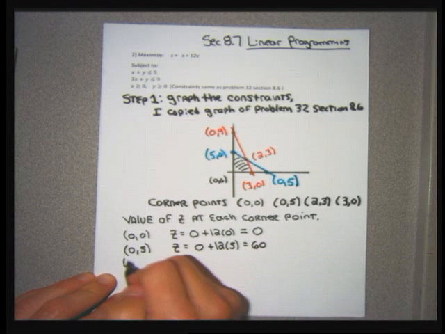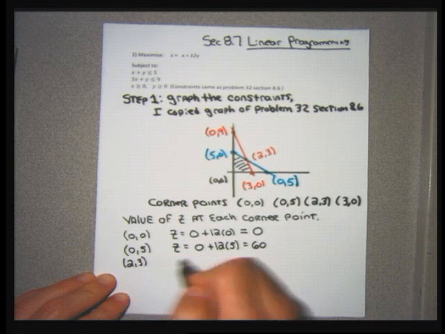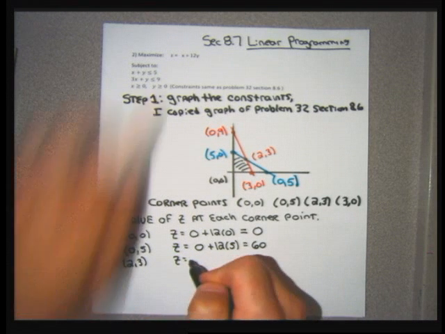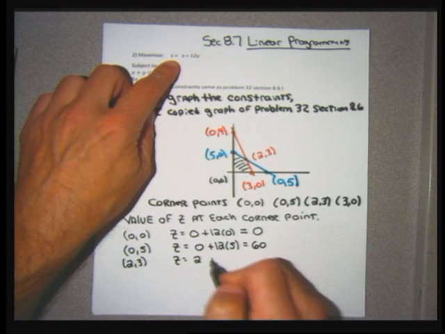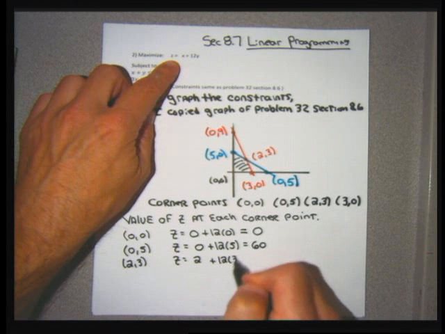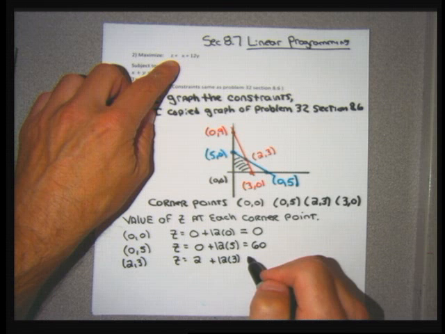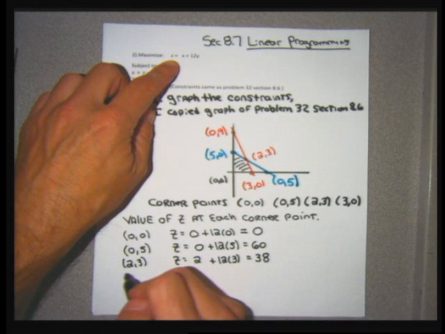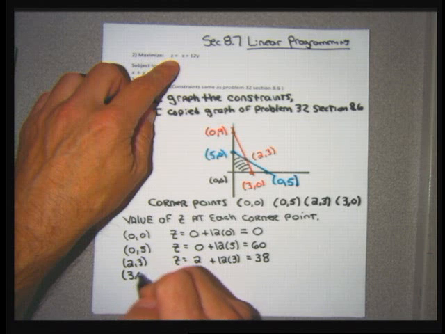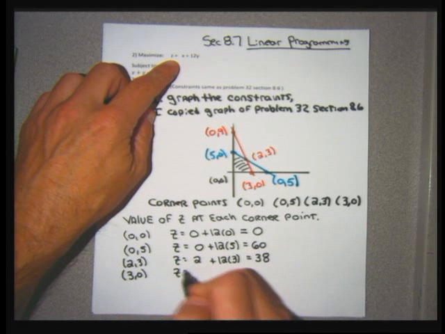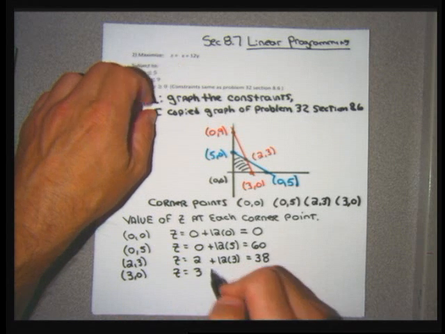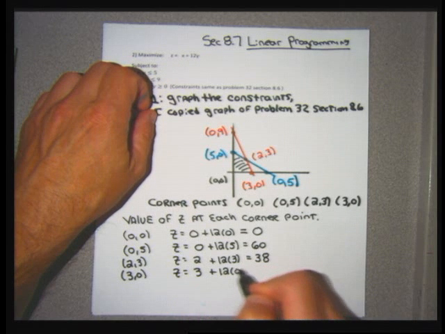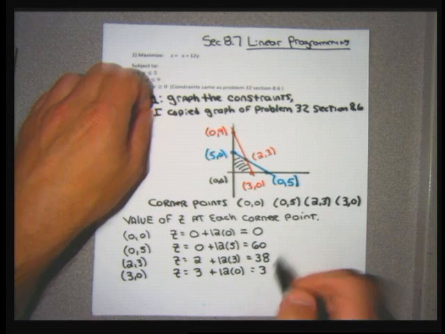When I take the 2, 3 and plug it in, I put 2 in for x, 3 in for y. I get 2 plus 36, which is going to be 38. And then the last corner point is the point 3, 0. When I plug into the maximize function 3 for x and 0 for y, I get 3 plus 0, which is 3.